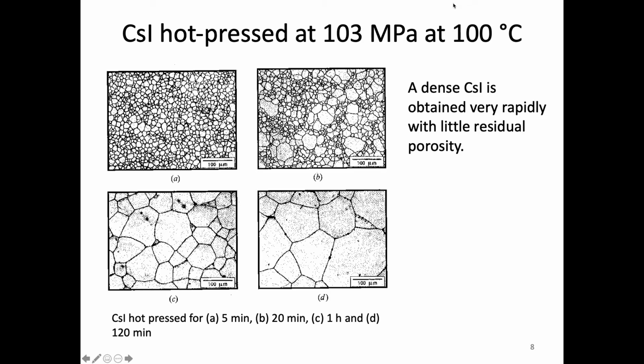This shows that after 5 minutes of pressing this material, we already have a pore-free material. There's very little porosity. So hot pressing is frequently used when we want something that's basically crystal clear, translucent materials, because we don't have any of those defects in that material. In 5 minutes, we're basically done sintering the cesium iodide, if all we want is a very fine structure, which can aid in toughness and strength.